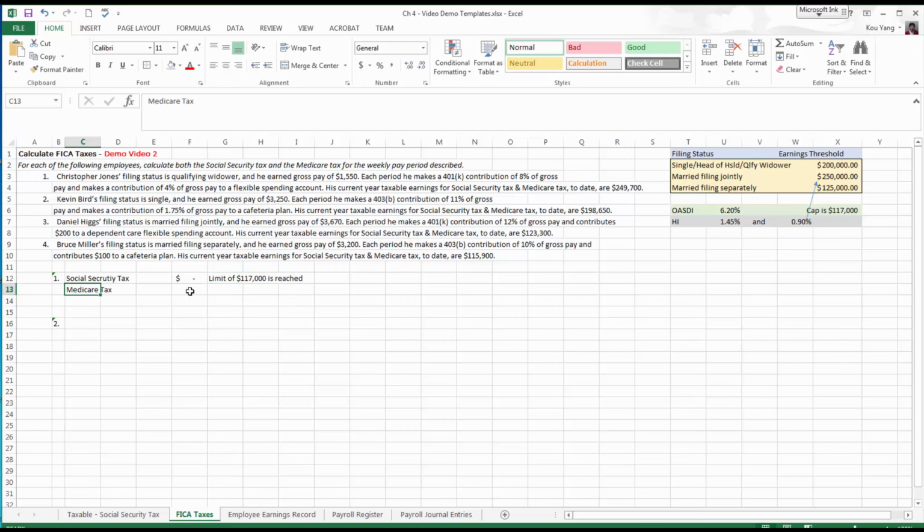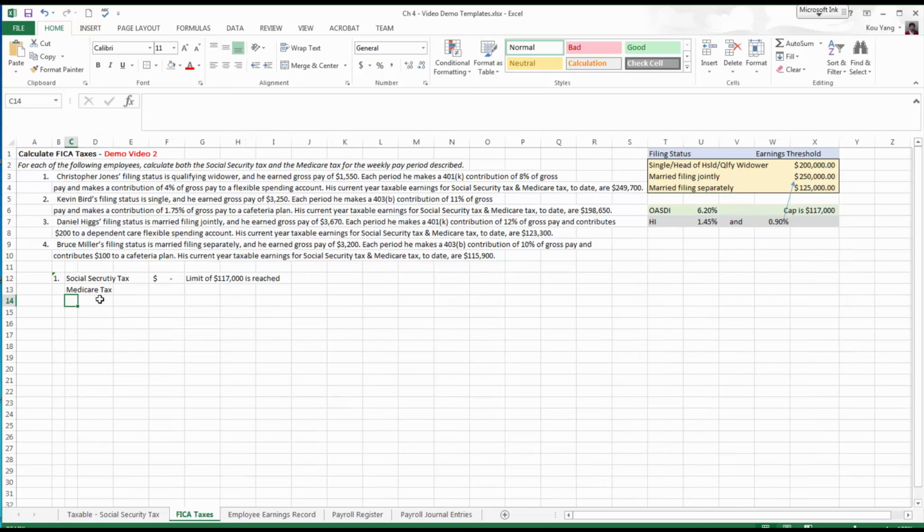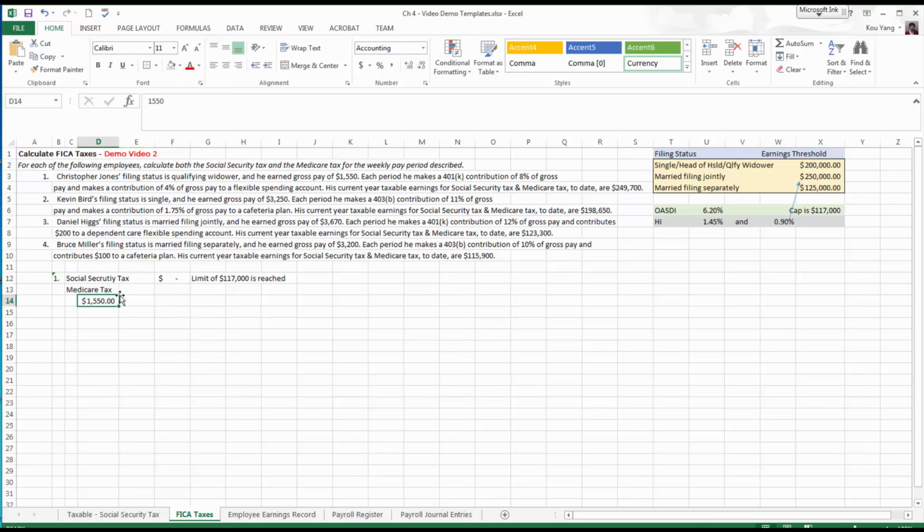Okay, his Medicare tax. What we're going to do with his Medicare tax is this. I'm going to do it down here under Medicare tax, do calculations and notes here. His wages are $1,550.